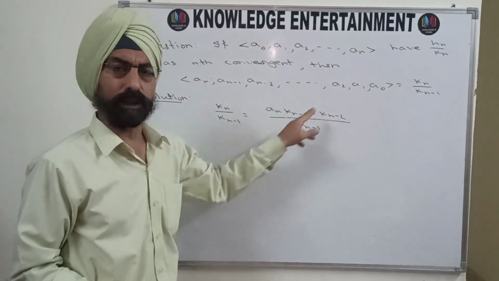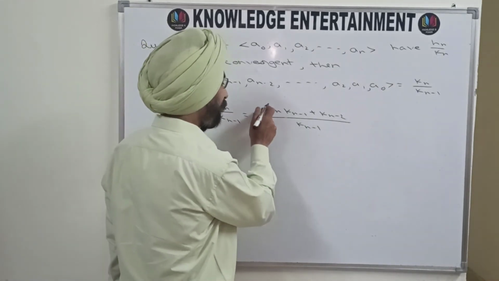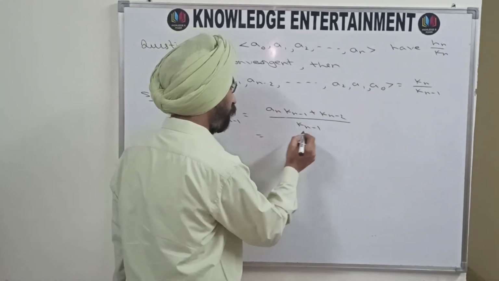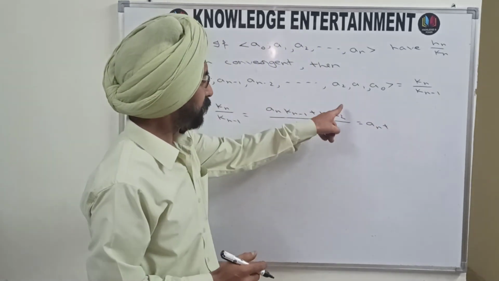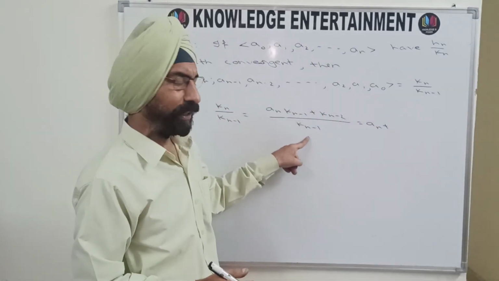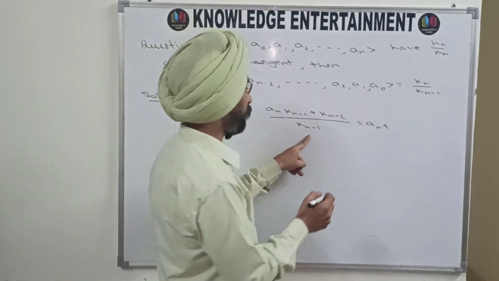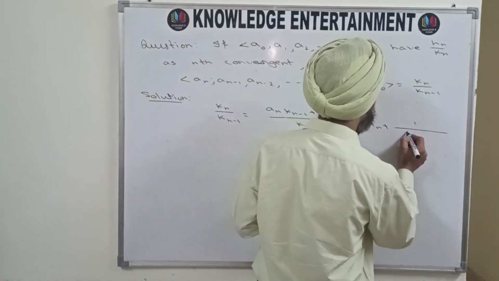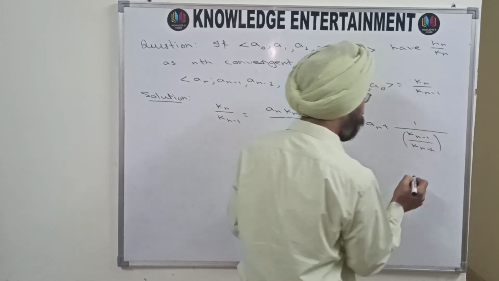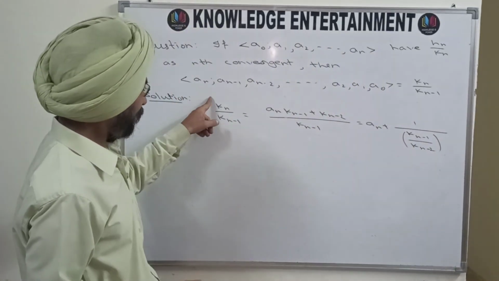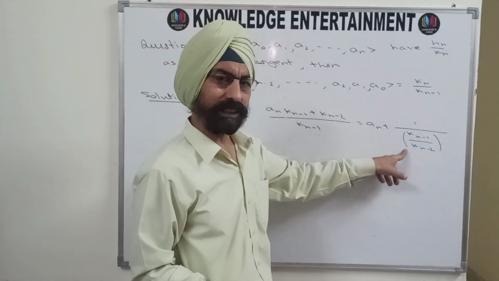Now separate these two terms: a_n k_{n-1} upon k_{n-1} is a_n, plus the second term, k_{n-2} upon k_{n-1}, which you can write as 1 upon k_{n-1} upon k_{n-2}. So k_n upon k_{n-1} is equal to this.